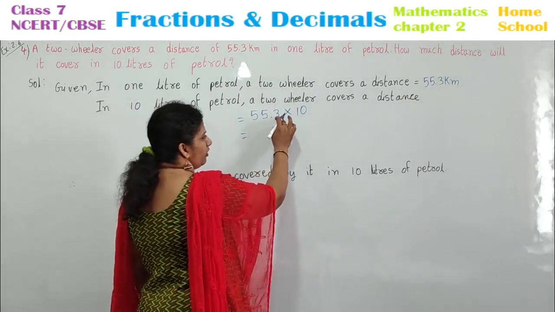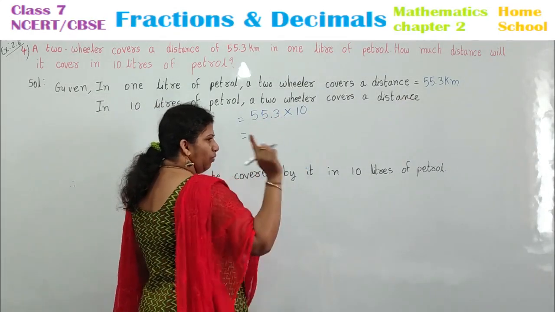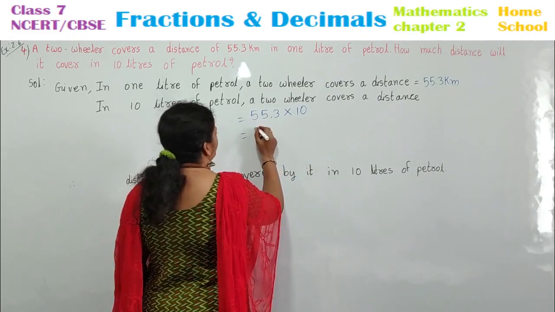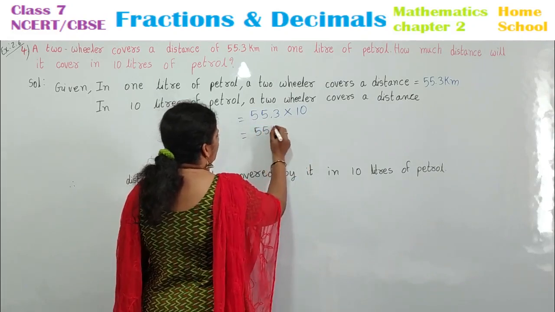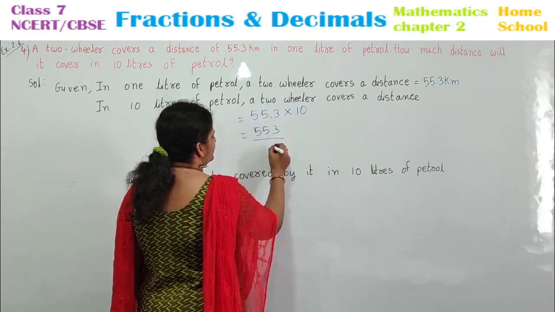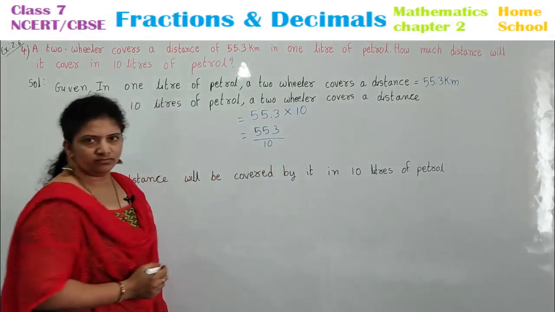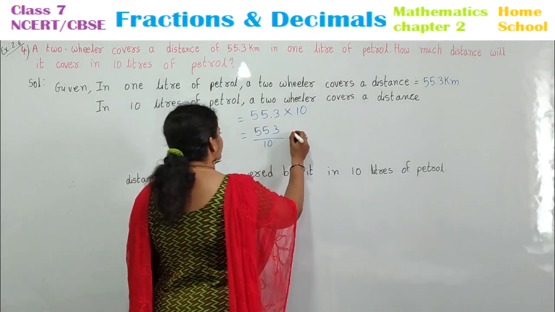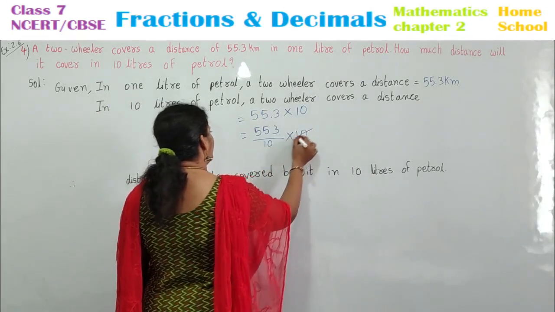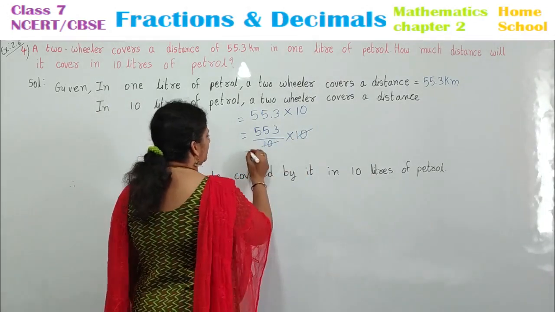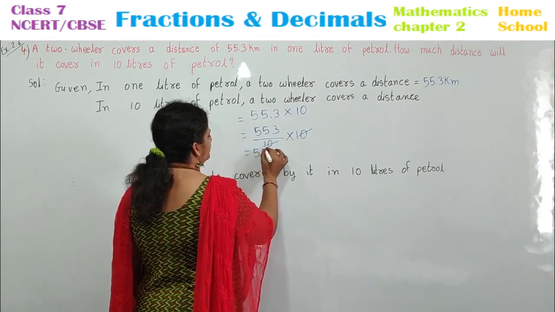After the decimal point, how many decimals do you have? 1, right? So remove the decimal point and write it over a denominator of 10, with one 0 for the one decimal place. That becomes 10 into 10, the 10 will be cancelled.